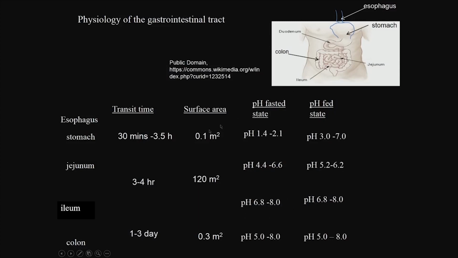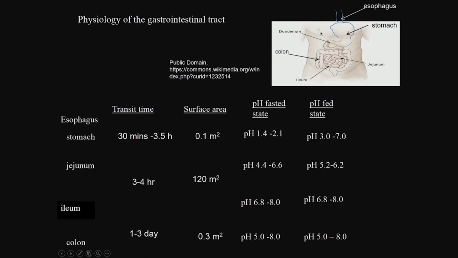So, the surface area of the small intestine jejunum is very large. So, we can expect a lot of drug absorption in this region when compared to say stomach, and pH is also very low in the stomach. Now, if you go to colon, the transit time is 1 to 3 days, the surface area is 0.3 meter square, it has gone down tremendously, pH is also high, 5 to 8.